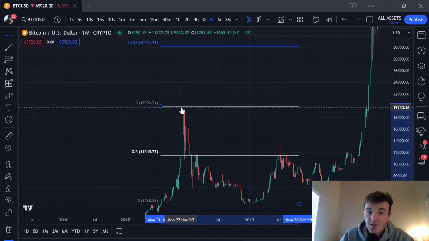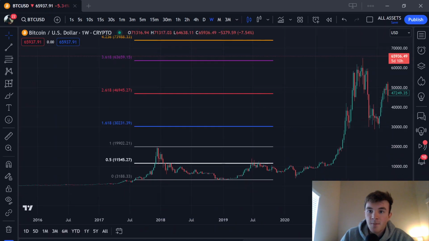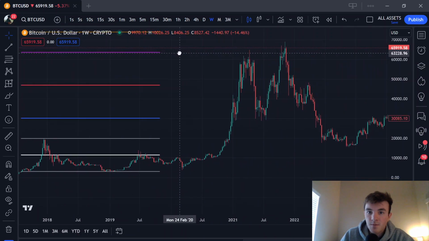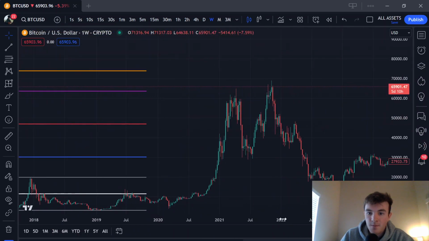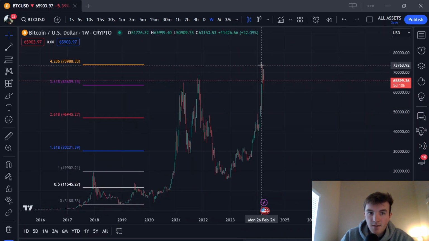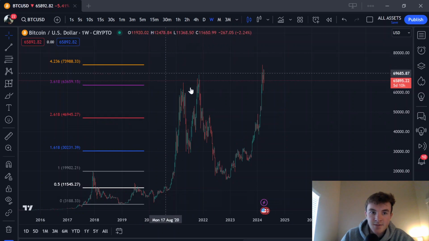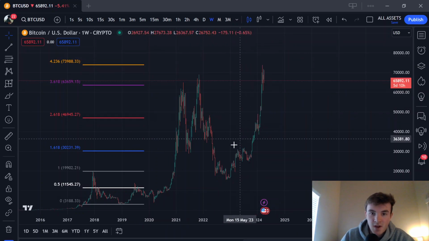What's interesting is if you measure it from the top of the 2017 bull run down to the bottom, this purple line gives you the 2021 top, right? And this gold line so far has marked this local top.